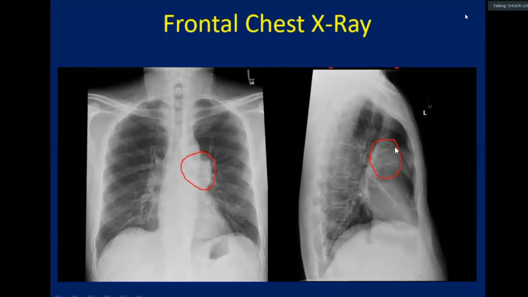However, on the lateral view, if the lesion were arising from the left hilum, it should be located here, not here. In addition, you see the pulmonary vessels are passing through the lesion. So based on these two things, this is obviously a mediastinal rather than a hilar lesion. So frontal and lateral radiographs help you in localizing the location of the lesion.